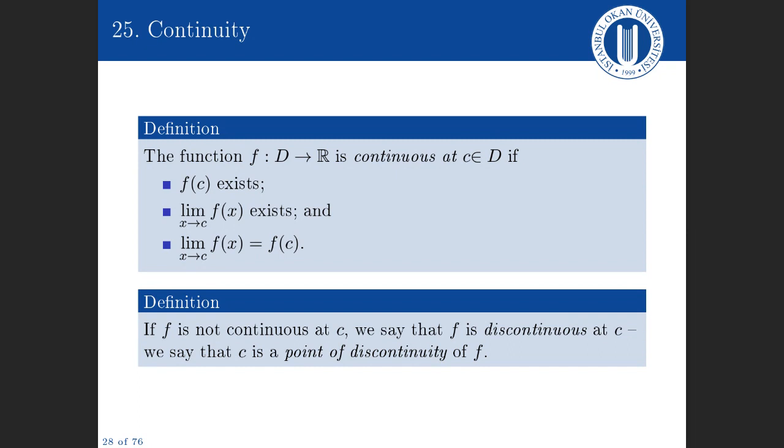Rule number two, we need to have the limit as x tends to c of f of x exists. And rule number three, these two numbers must be equal. If f is not continuous at c, then we say that f is discontinuous at c, or equivalently, that c is a point of discontinuity of f.